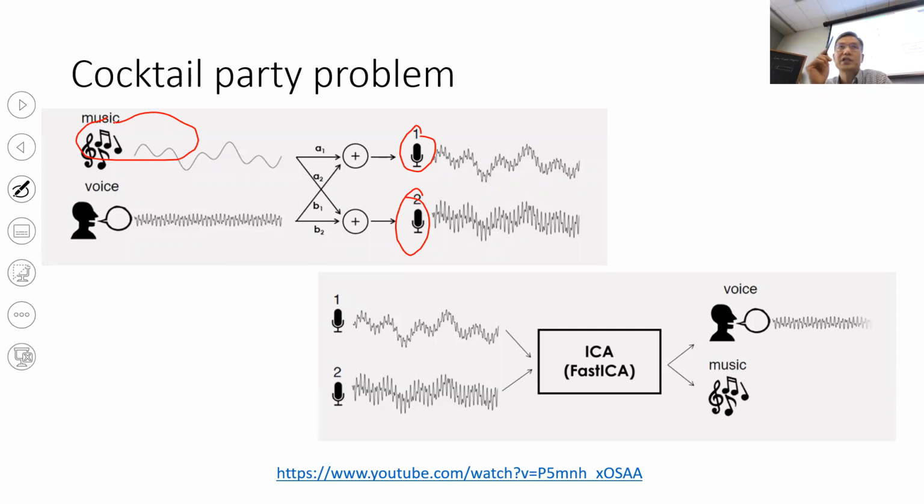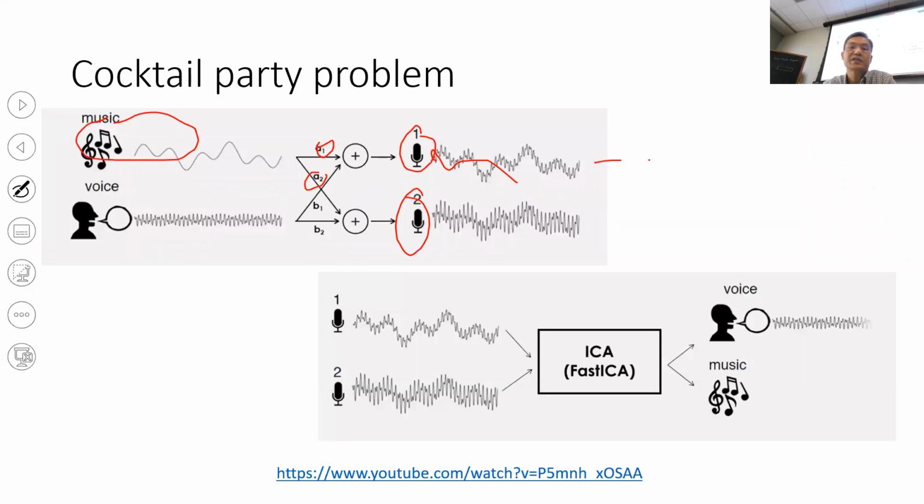Because of the relative distance from the microphones to the two sources, you receive different strengths of signal weighted by A1, A2, and for microphone A, you get a stronger signal from music, and the other more from the voice.